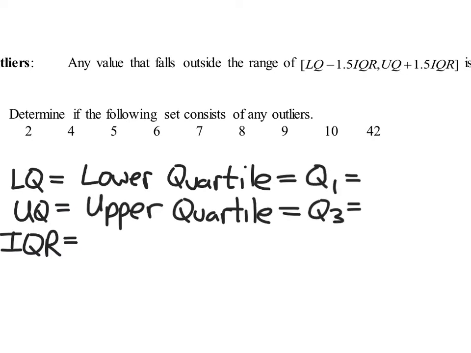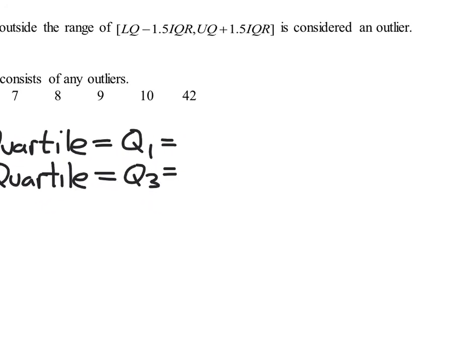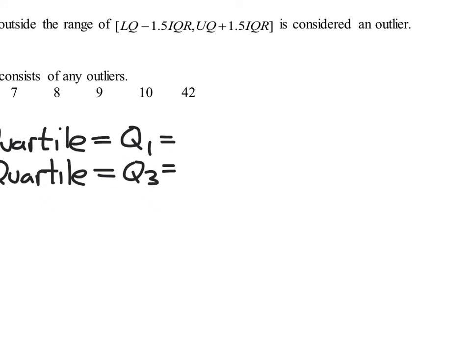So UQ is the upper quartile, also represented with a Q sub 3. The Q1 again represents the first quartile. The Q sub 3 represents the third quartile.